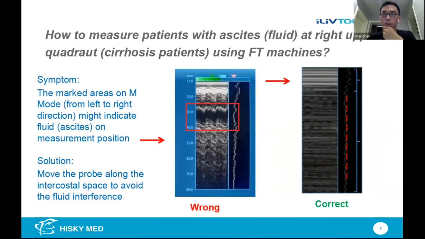In case of ascites, can you put the patient on the left lateral position, turn like this to the left side, so that the ascites will not come in the way? As for my experience, we don't suggest to use the side position. But if you want to try, yes, you can.